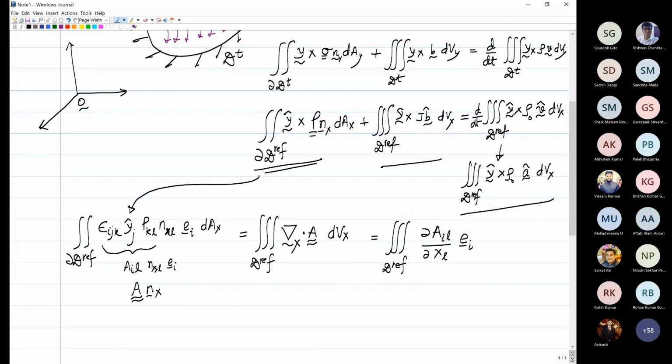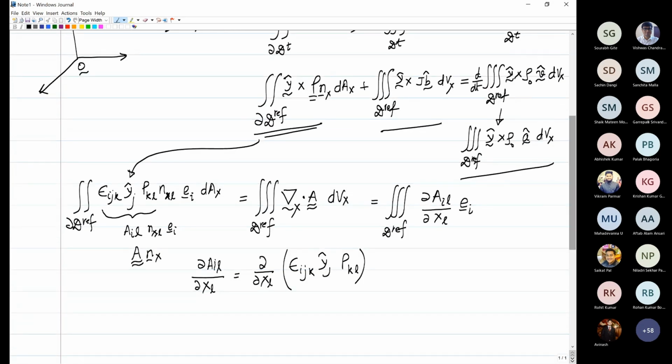And A il, you already have the expression. So let's work out what is del A il over del X l. You have del over del X l of epsilon ijk y hat j times P kl. Then we apply the product rule, obviously, and epsilon ijk is like a constant.